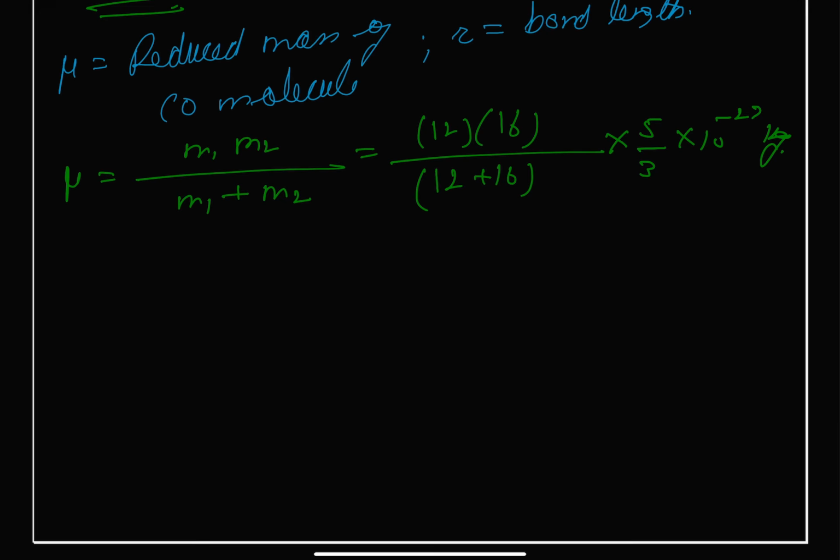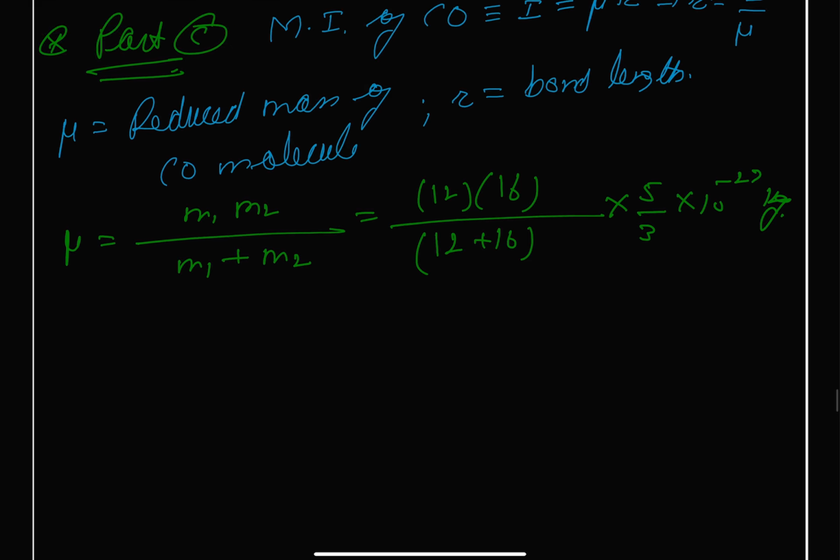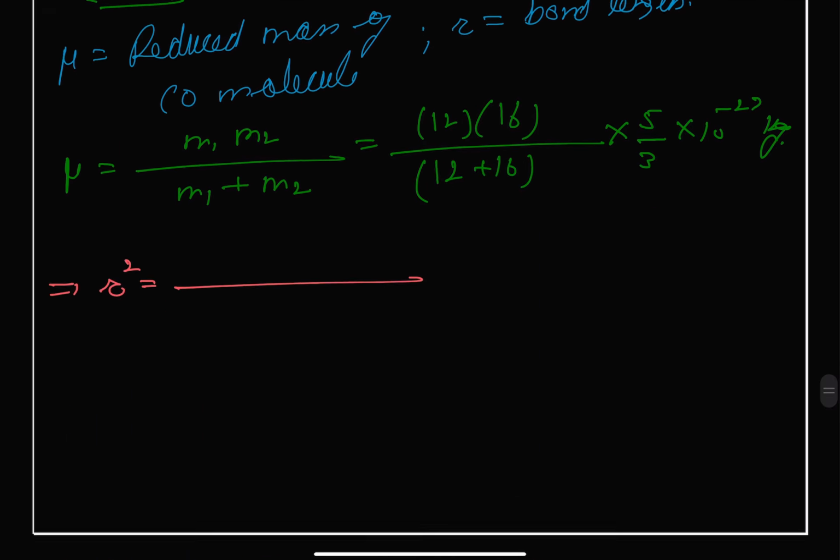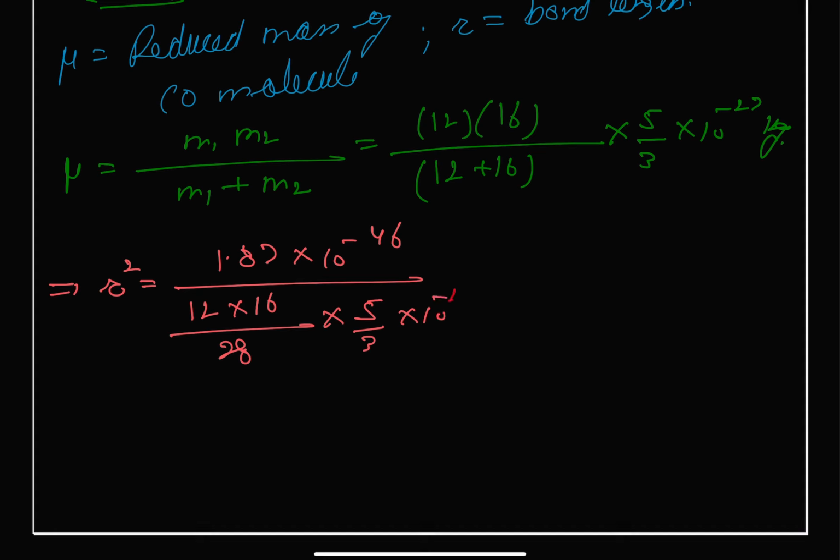Therefore we can write that our R square is equal to I, which we found as 1.87 into 10 to the power minus 46, divided by 12 multiplied by 16 divided by 28 multiplied by 5 by 3 into 10 to the power minus 27, and we can just write it as multiply by 28 and multiply by 3.